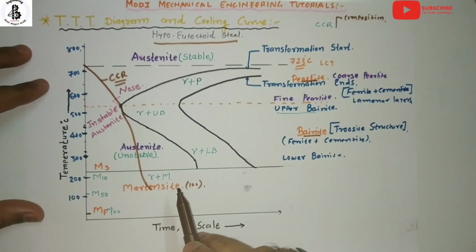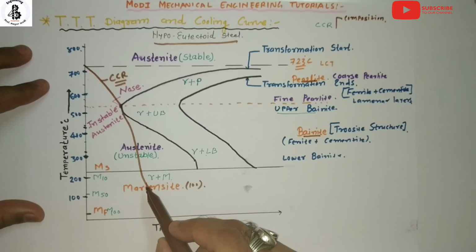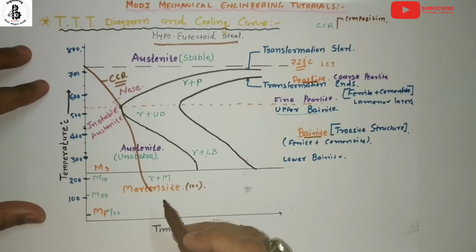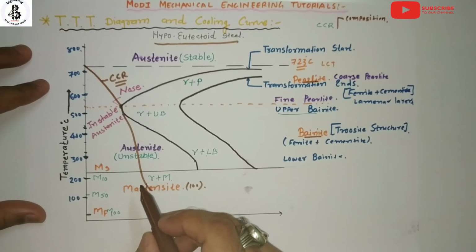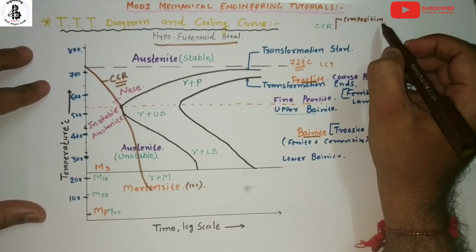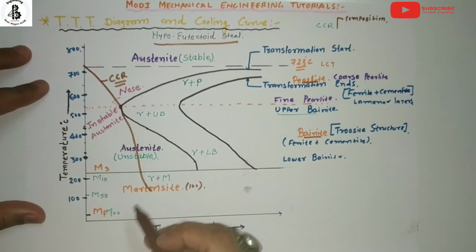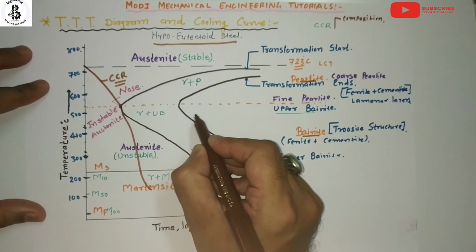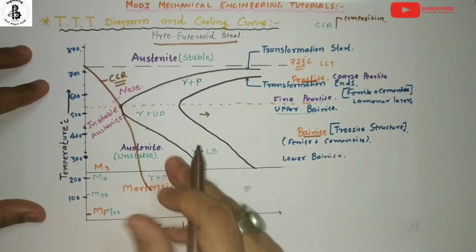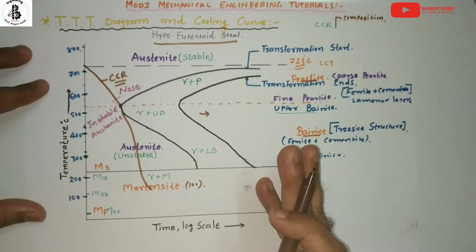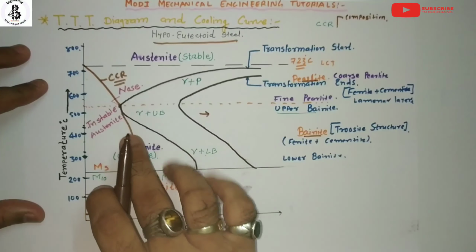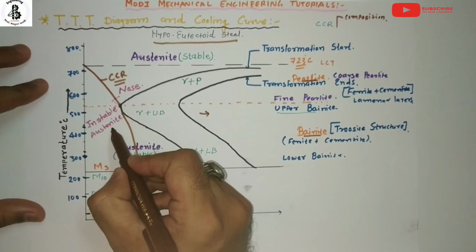The critical cooling rate decreases with increasing carbon content, or by the addition of alloying elements other than cobalt. By adding carbon to the composition of the steel, the transformation lines are shifted towards the right side of the curve.